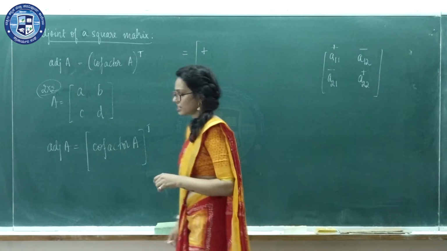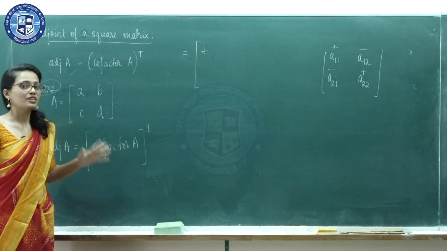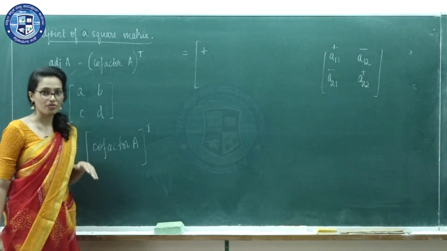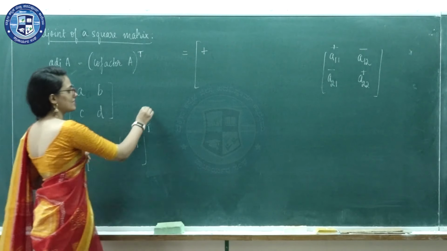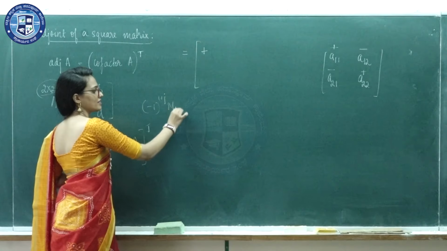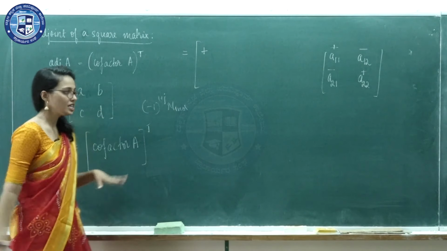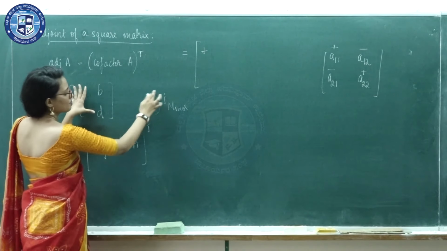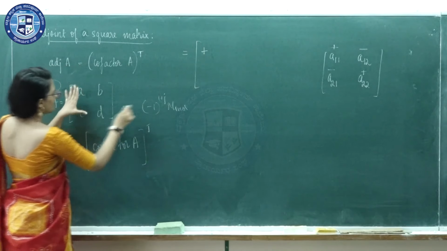Alright, so this is plus. Okay, so let's take the determinant now. We are using the definition of the cofactor, that is minus 1 to the power i plus j into the minor of that element. This part we have already solved, so let's find the minor.